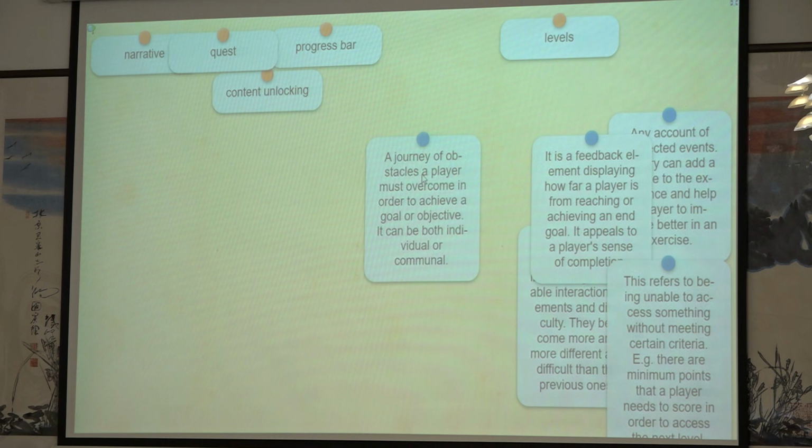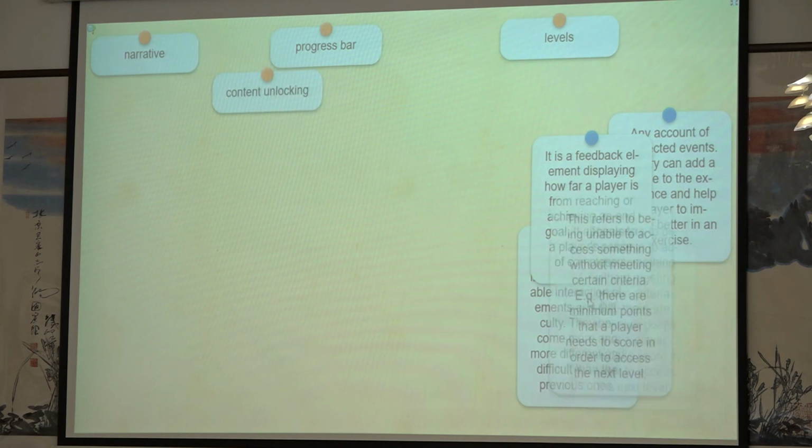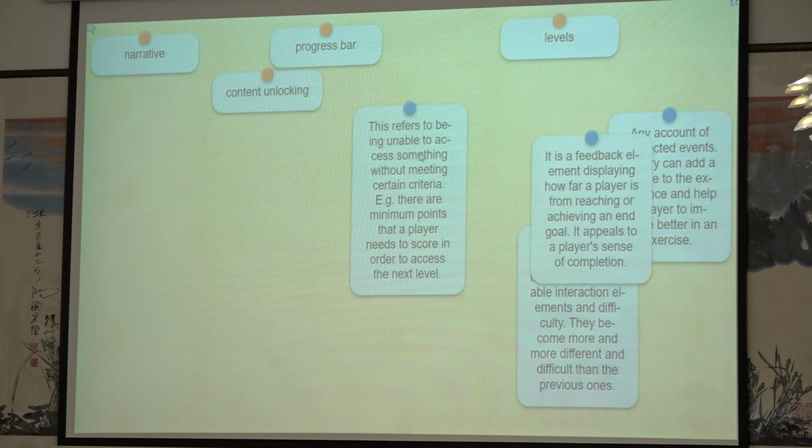A journey of obstacles a player must overcome in order to achieve a goal or objective. It can be both individual or communal. That's a quest, right? You can have an individual quest or a group quest, very good. This refers to being unable to access something without meeting certain criteria. For example, there are minimum points that the player needs to score in order to access the next level.